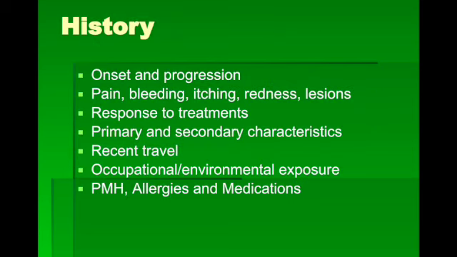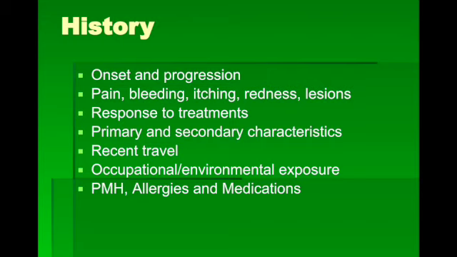So when we're getting a good dermatologic history, you want to know about the onset and the progression of that rash. Is it getting better? Is it getting worse? Has it evolved in any particular way? Is it associated with any pain, bleeding, itching, any redness, any particular lesions? If they have used any home treatments, over-the-counter treatments, what was the response?